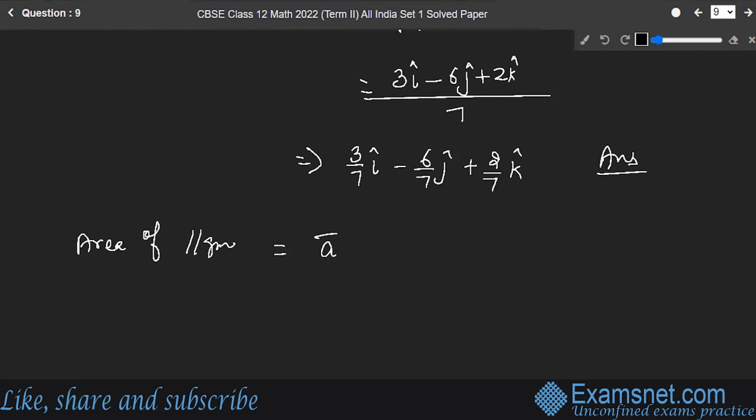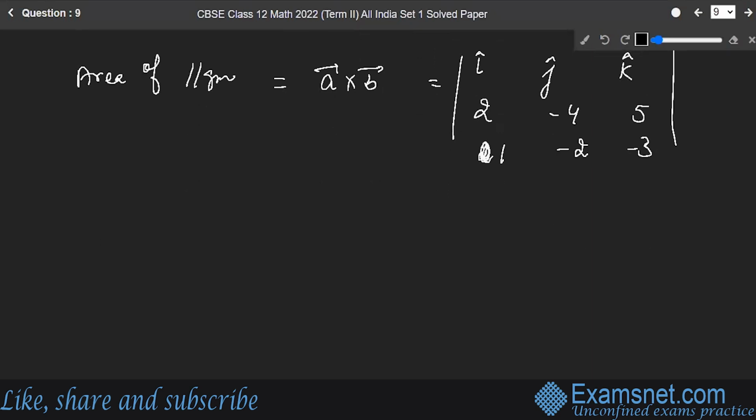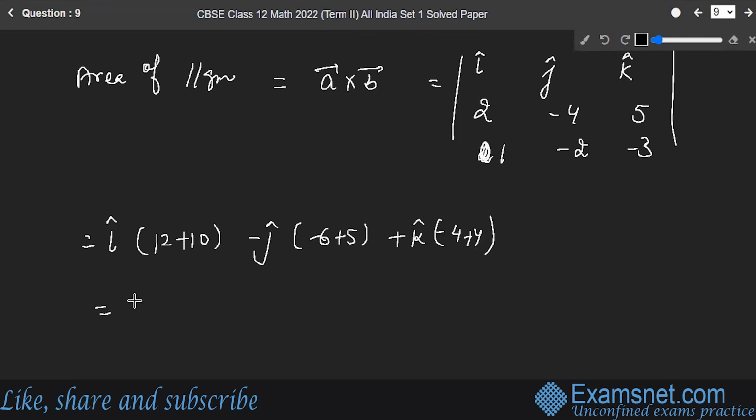Area of the parallelogram is given by the cross product of A and B, which is i, j, and k; 2, minus 4 and 5; 1, minus 2 and minus 3. This gives 12 plus 10, minus 6 plus 5, minus 4 plus 4, which is equal to 22i, 11j, and 0k.